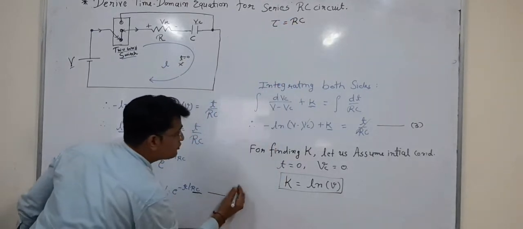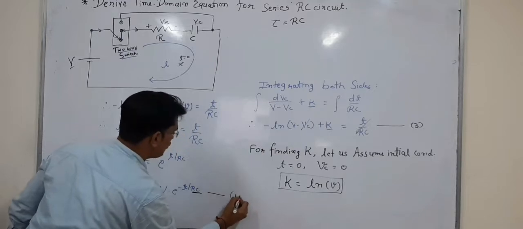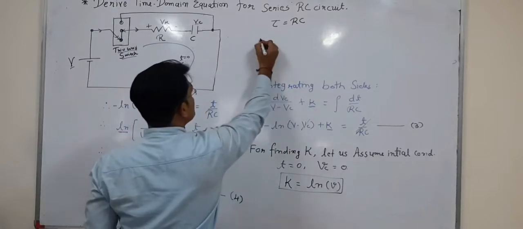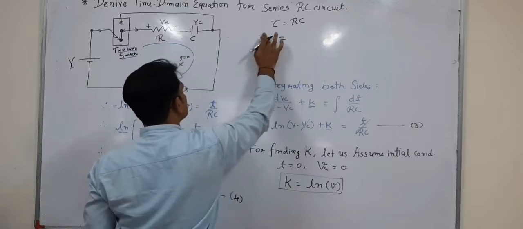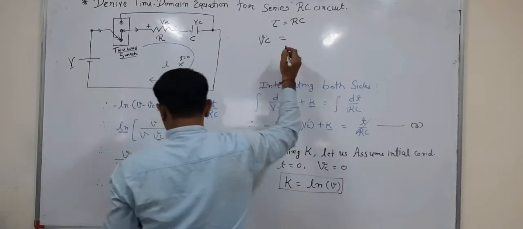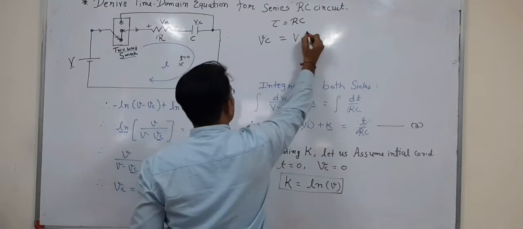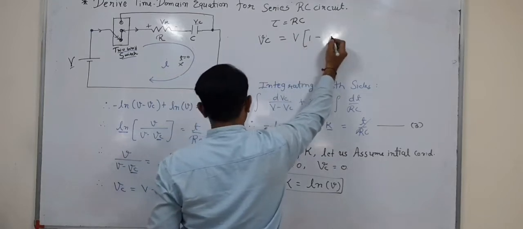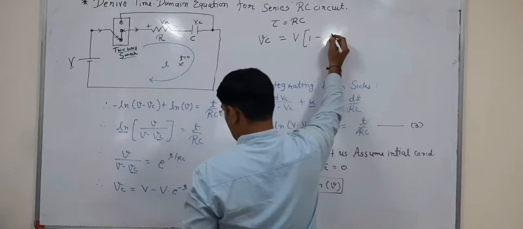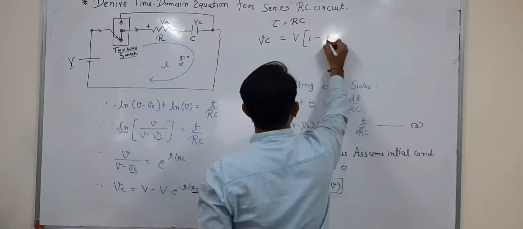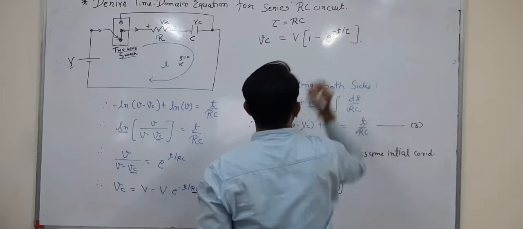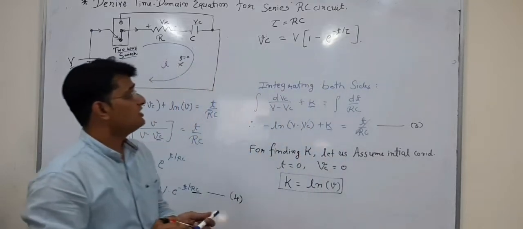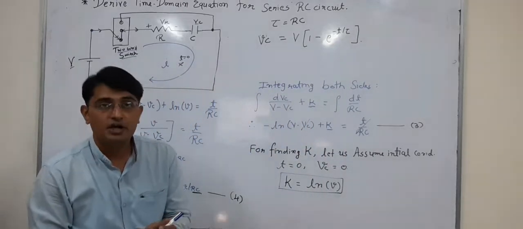If I put this in equation number 4, then my equation will be Vc is equals to V into 1 minus e raised to minus t by tau.